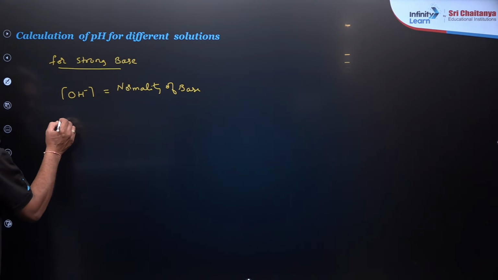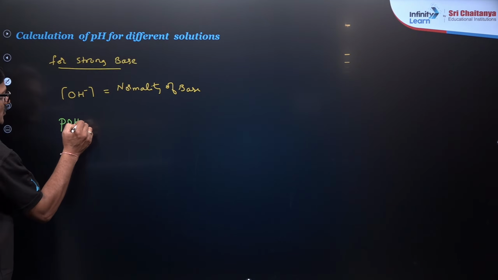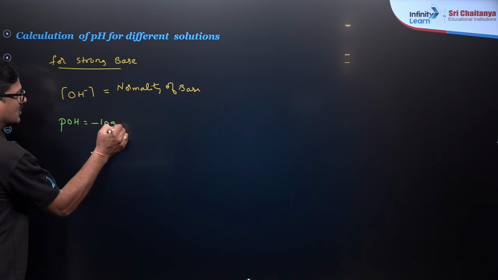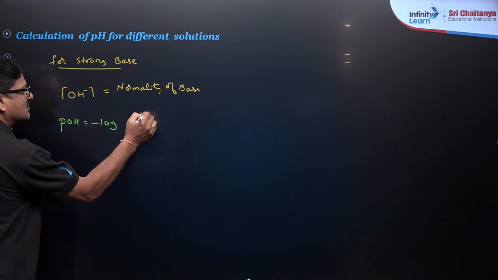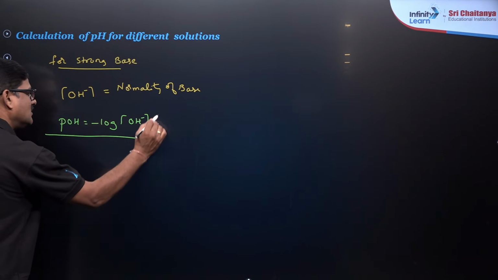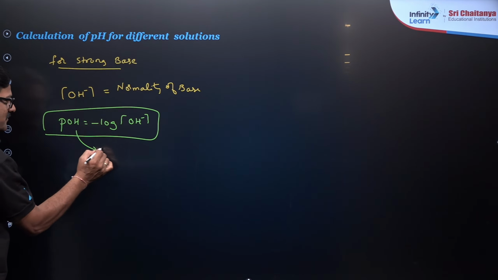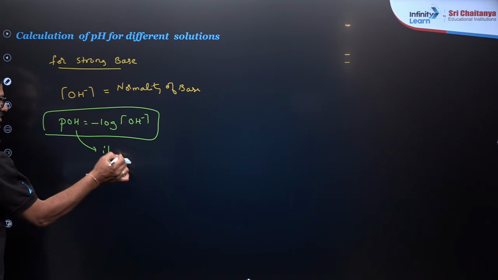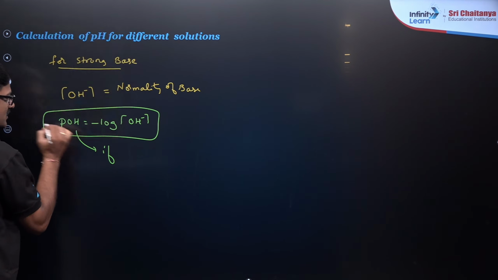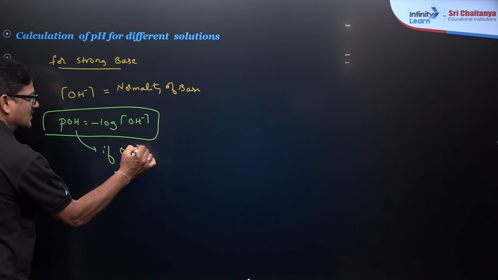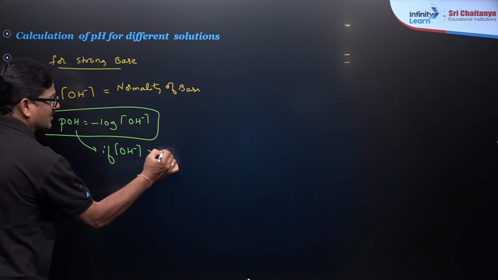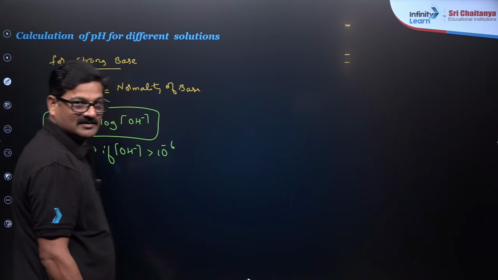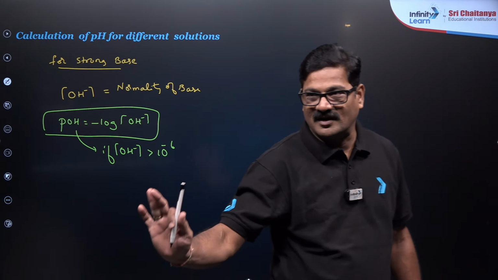So how to calculate pOH: pOH is equal to negative logarithm to the base 10 of the OH minus concentration. Use this if the OH minus ion concentration is greater than 10 power minus 6 mole per liter. Are you getting or not? Clear?